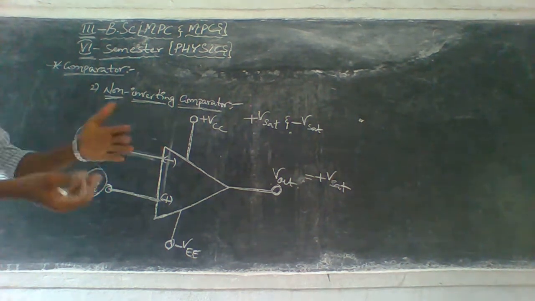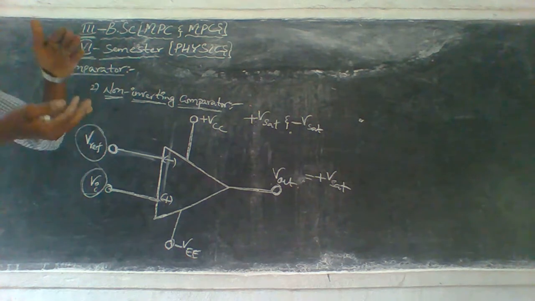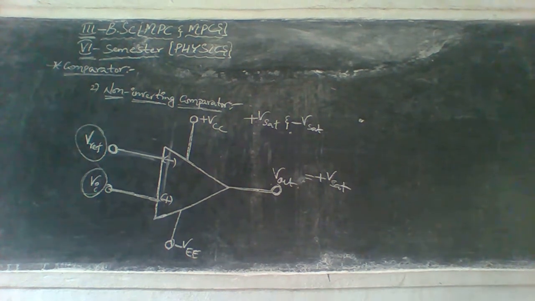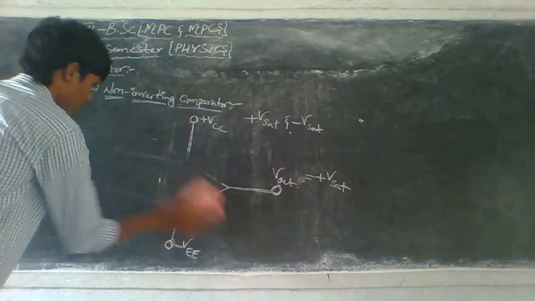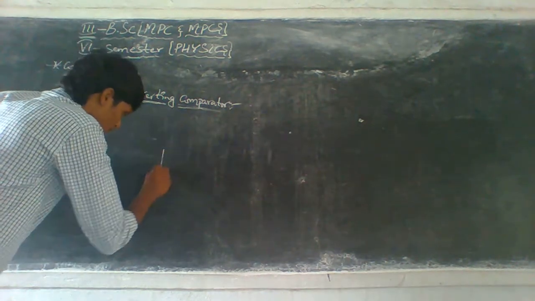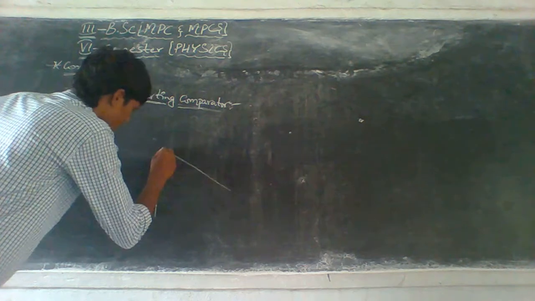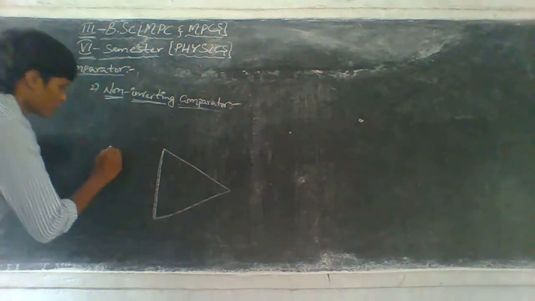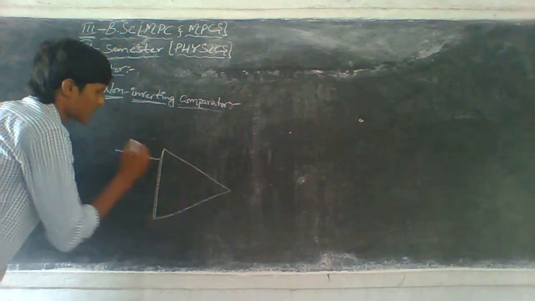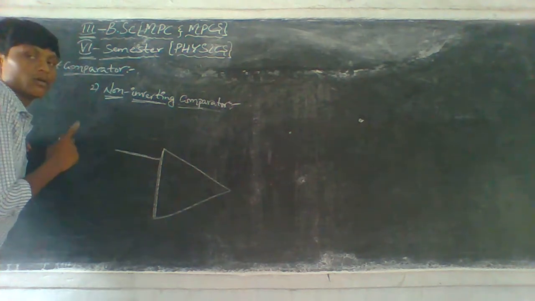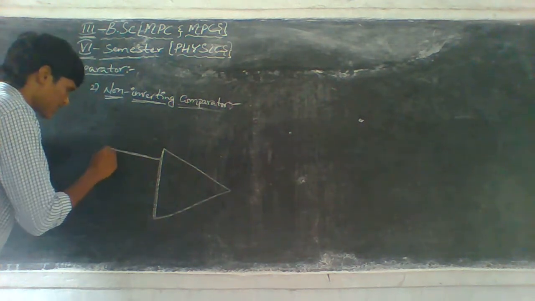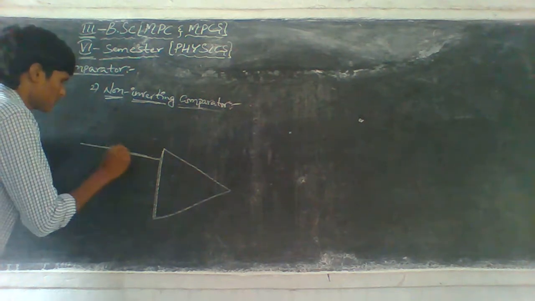For example, you can draw a circuit diagram. The non-inverting input terminal is connected to the voltage reference, and here this is connected to ground.